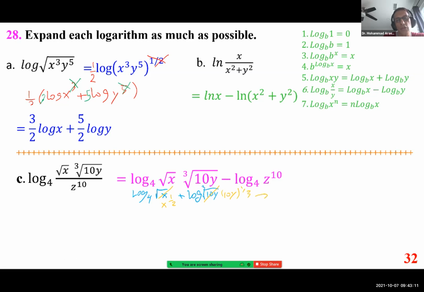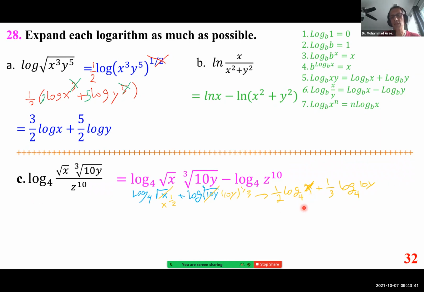So I hope you see that you get 1/2 log x with the same base, whatever the base is. Plus 1/3 log of 10y, again, the same base.